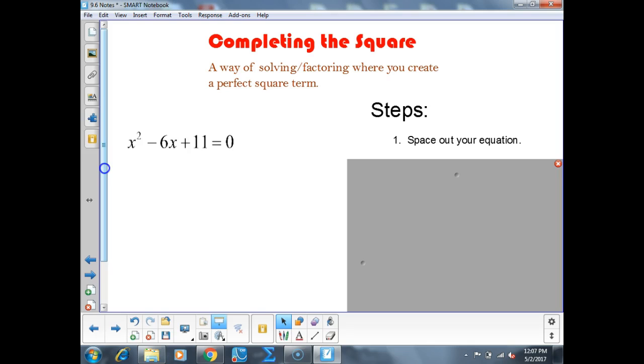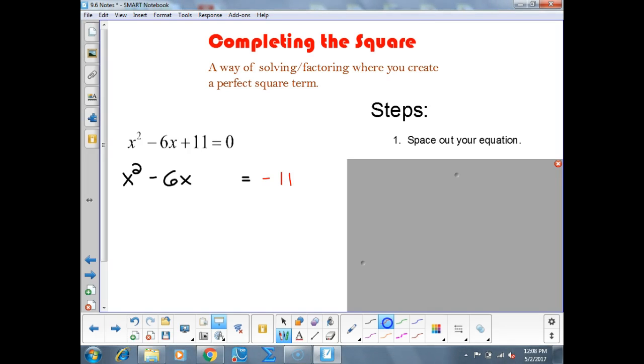I am going to make that become x squared minus 6x equals negative 11. And I'm going to leave a space right here after the 6x term. I'm not just going to cram it all in.